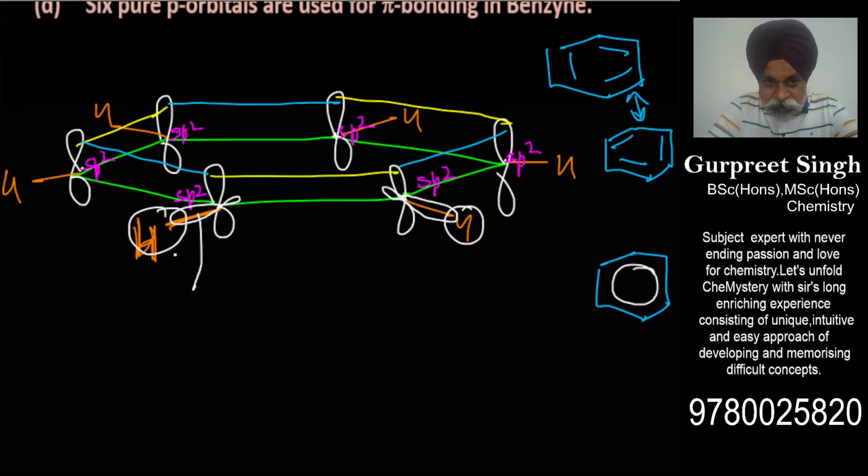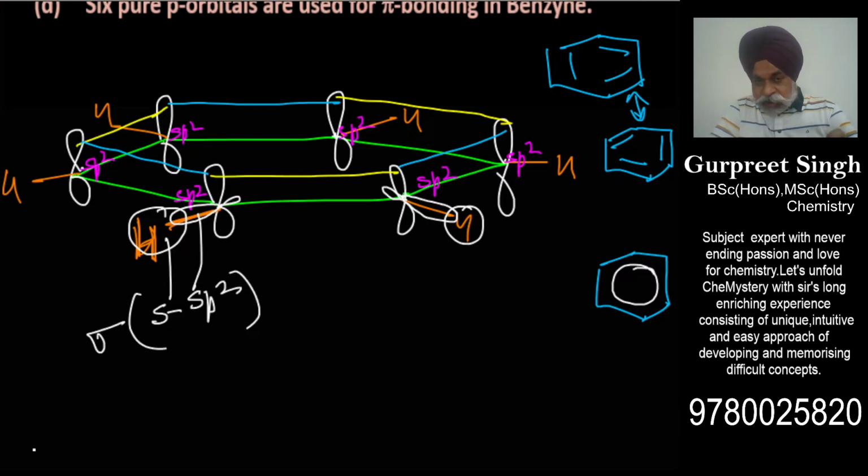The carbon-hydrogen sigma bond in benzene is of the type s-sp2. Now you have to remove hydrogens out of it.